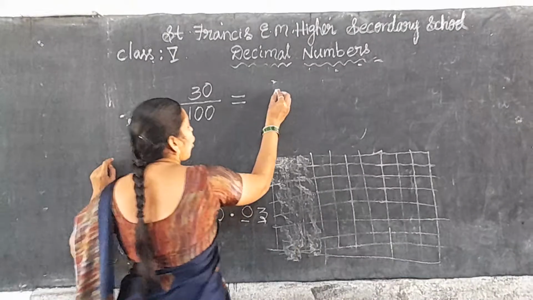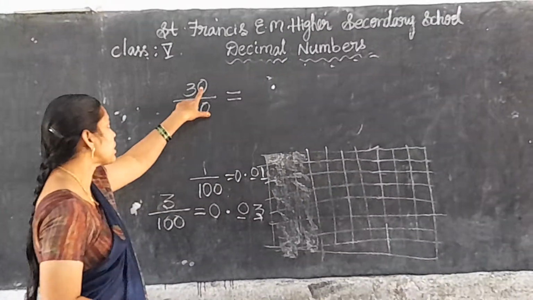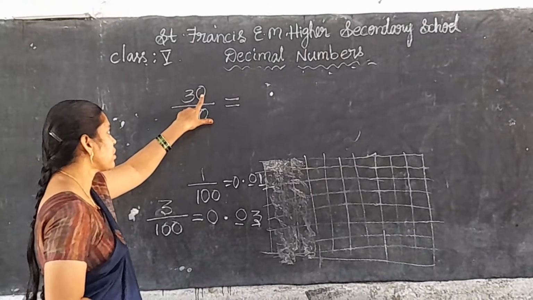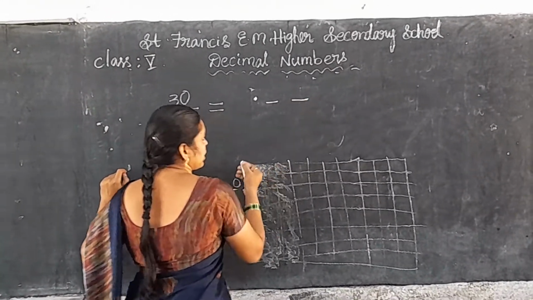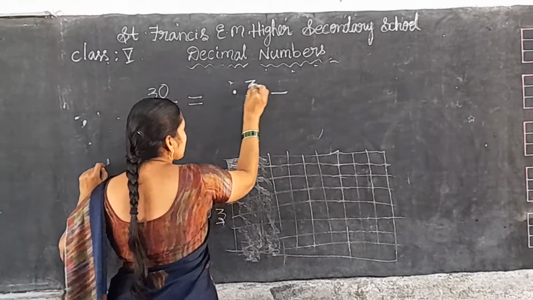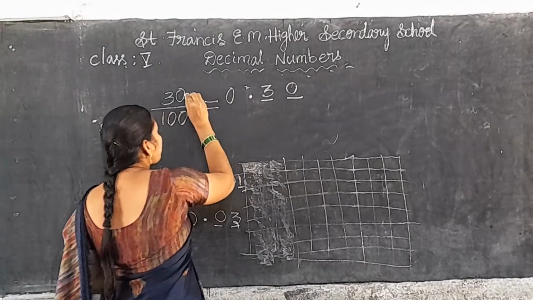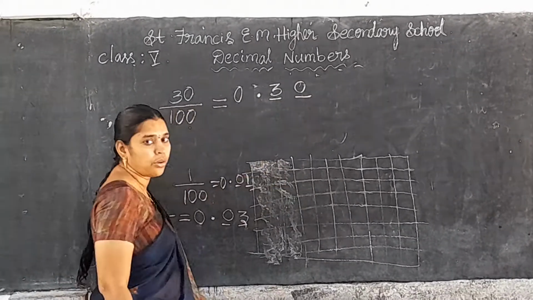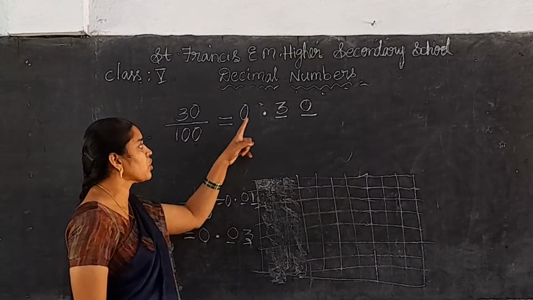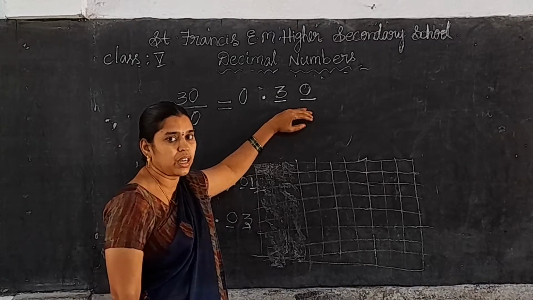So after the point how many numbers will come? 2 numbers will come. What are those 2 numbers? 0 and 3. Tenths digit is 3 and hundredths digit is 0. So what is the value of 30 by 100? 0.30.